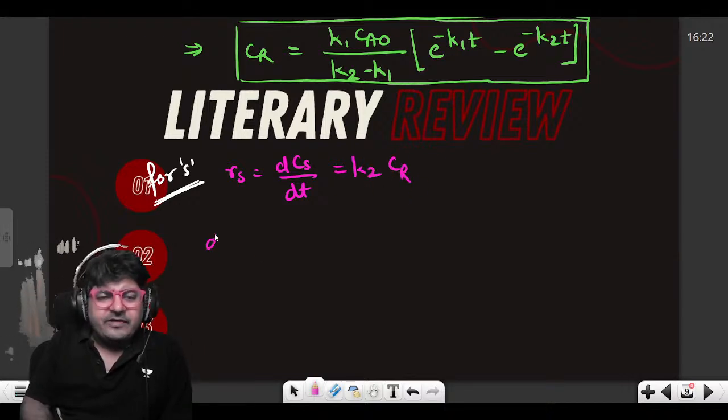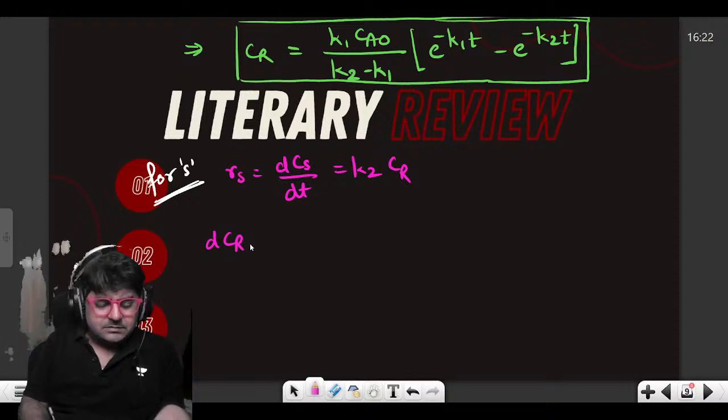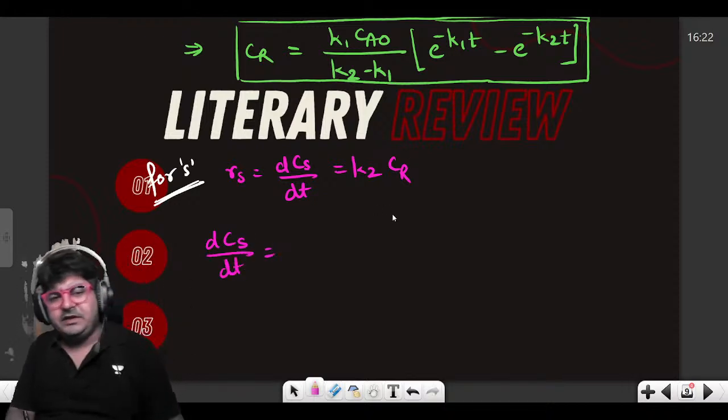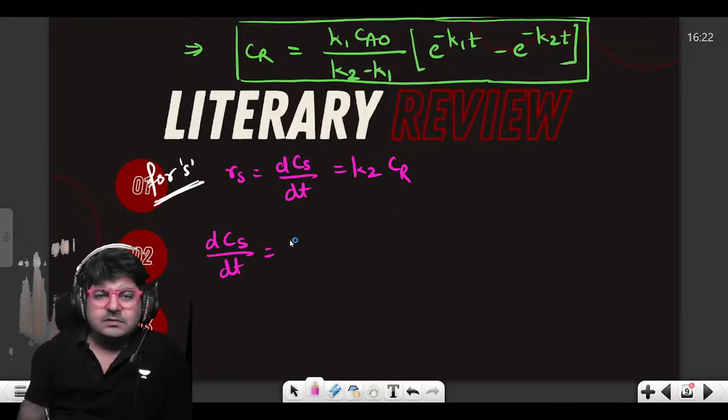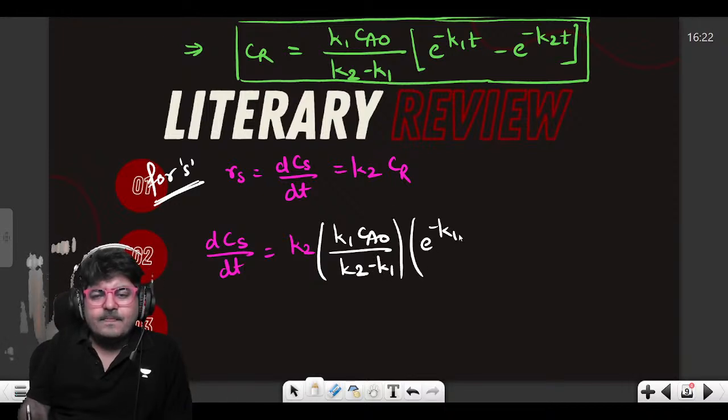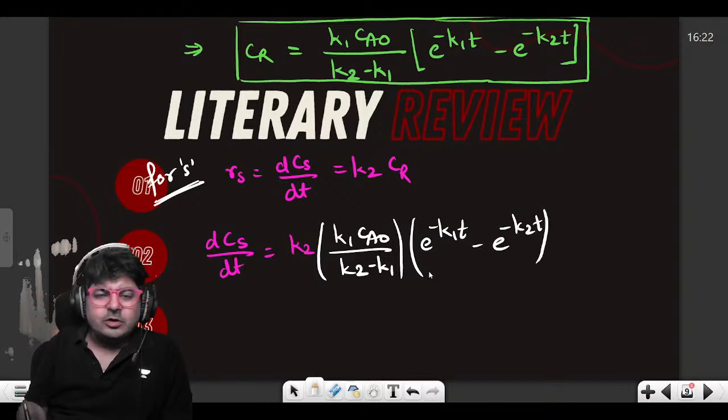So here you can put the value of CR and integrate and solve, where CR will be this. And you can solve it.